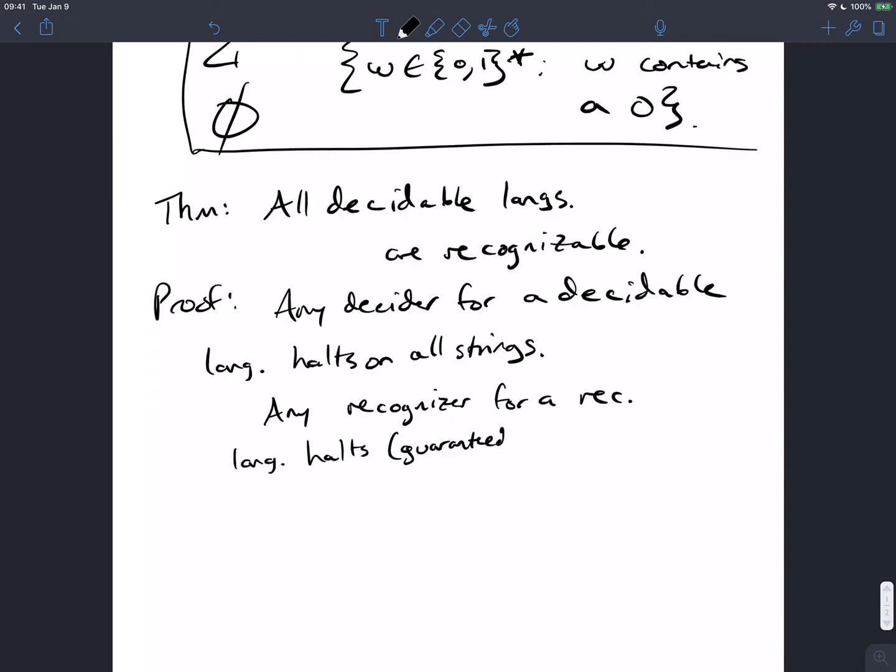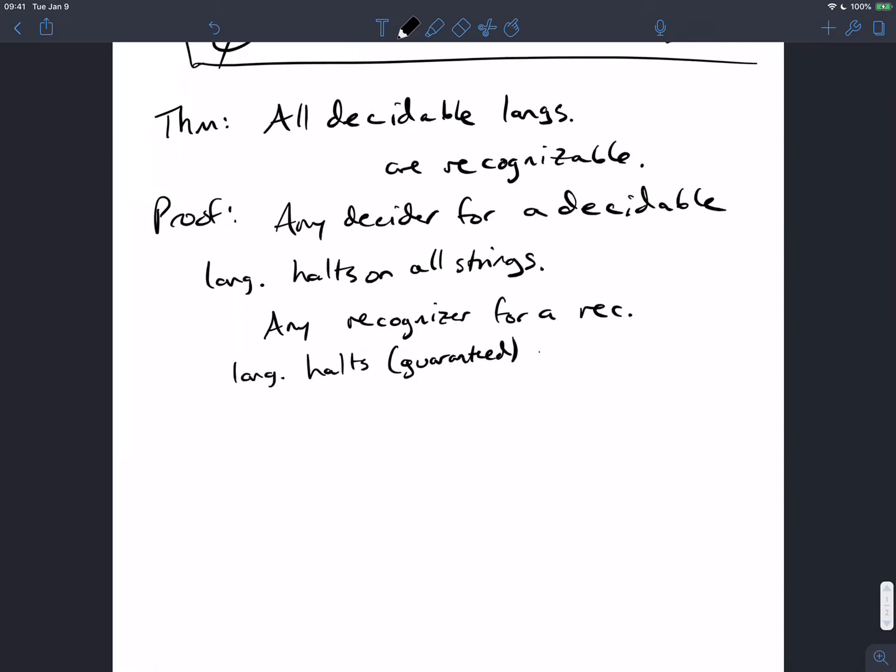It might do this on the other strings too. And so therefore, the decider must also be a recognizer. Okay? Any questions about that?